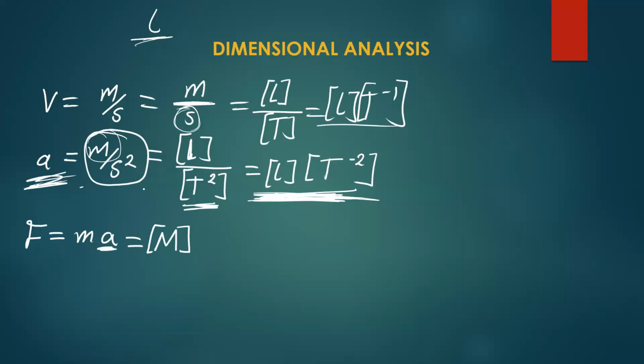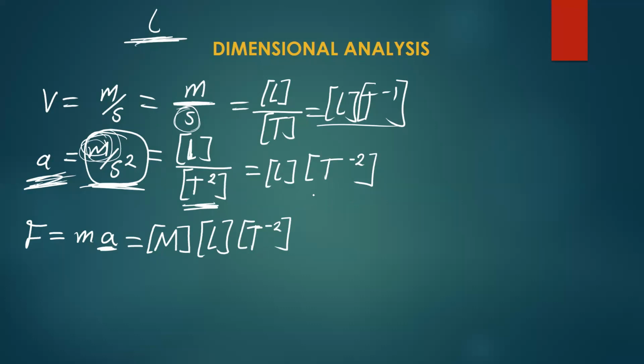So the units for acceleration are simply just m, which is the meters. Meters measures the length. So we put the length there, and then per second squared. Per second squared means T to the power -2. So we have T to the power -2.